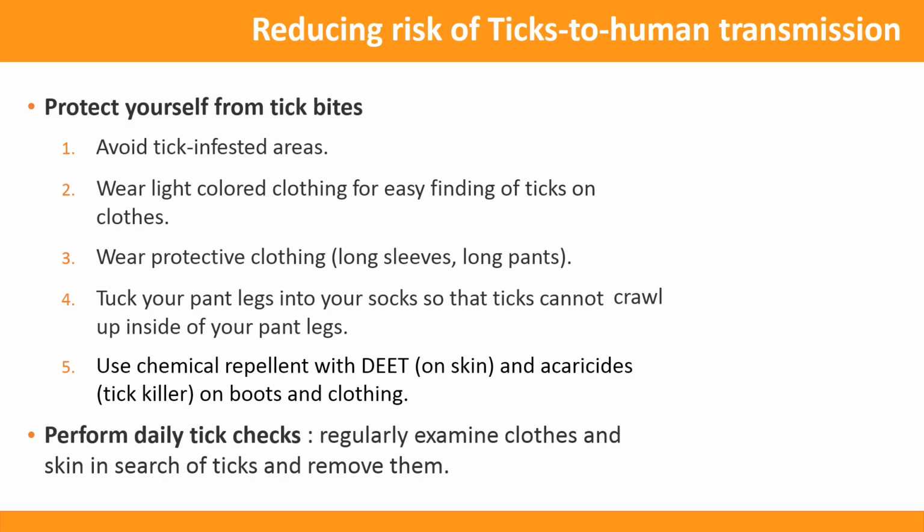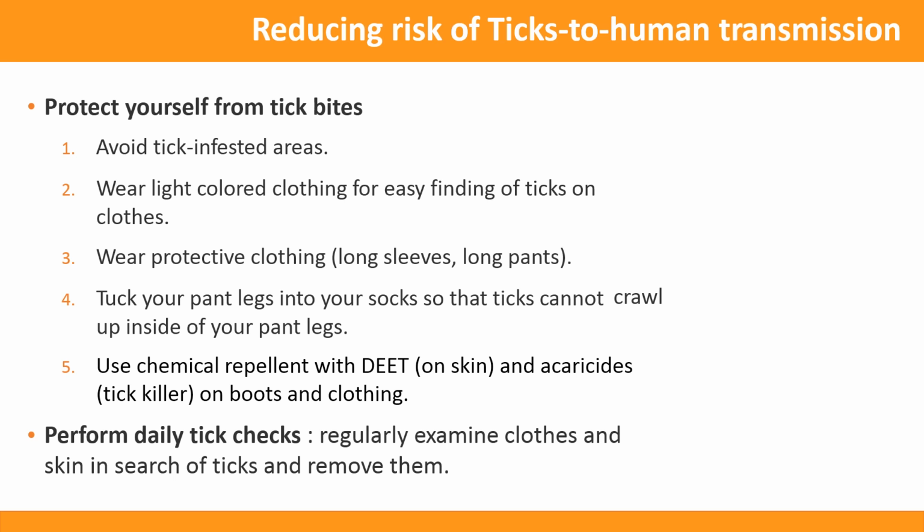Now, how to reduce tick to human transmission? It's important that you understand this part of the presentation very clearly, because if you understand well how to decrease tick to human transmission, you are going to help enormously in the community where CCHF is occurring. First, you need to avoid tick-infested areas, where people know that these kinds of ticks are there.